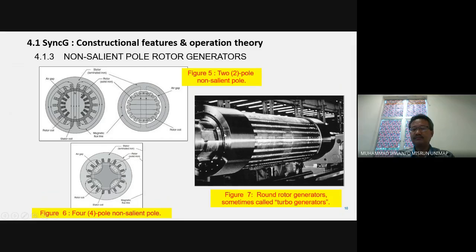We can see in terms of length that the structure of the rotor of the non-salient pole is long. And normally the non-salient pole rotor generator is used for turbo generators.